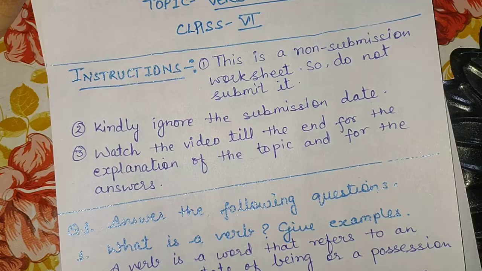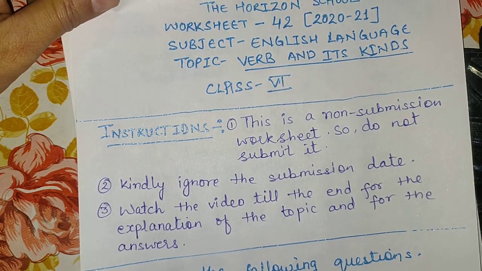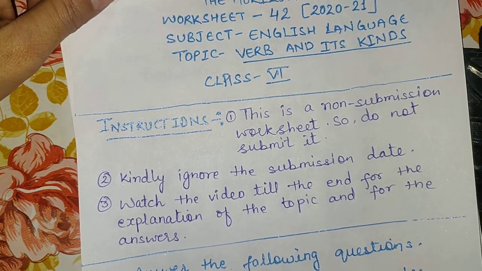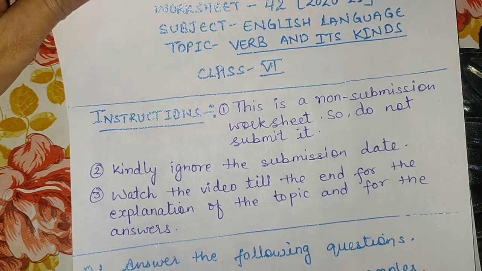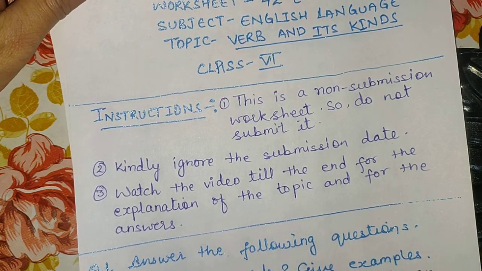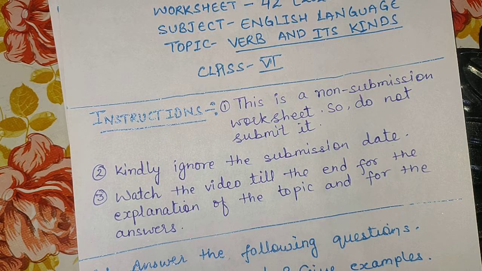Okay. Now children, this is your worksheet number 42. Alright, this is a non-submission worksheet. So what you will do is this work in your notebooks as I have given. The book from which I taught you was not in your course. I have just taken the topic from that book only to explain to you, because I don't have the book which you have in your school.